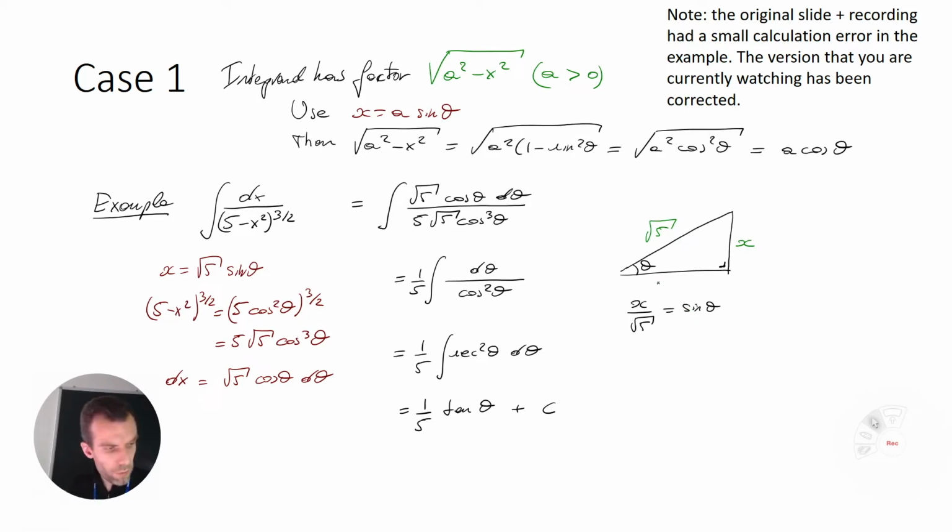And then Pythagoras' theorem tells us that the adjacent side is the square root of 5 minus x squared, and therefore tan theta is the opposite x divided by the adjacent, square root of 5 minus x squared. And now we can conclude our problem by substituting that into our expression. We have 1 over 5 x divided by square root of 5 minus x squared plus c.